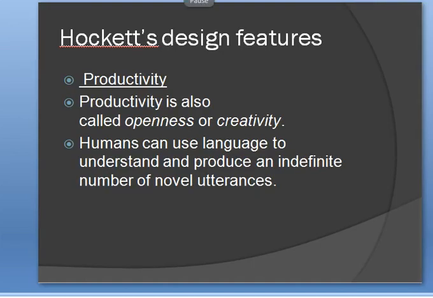Then comes productivity, right? Productivity, we can also call it openness or creativity. Humans can use language to understand and produce an indefinite number of novel utterances. What does it mean?